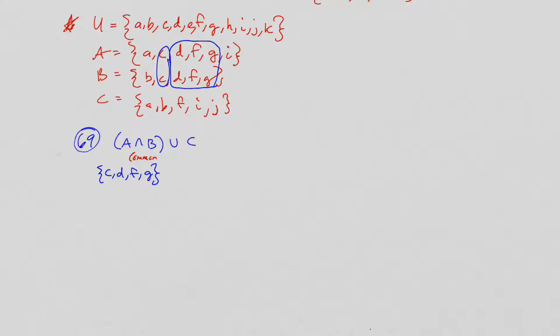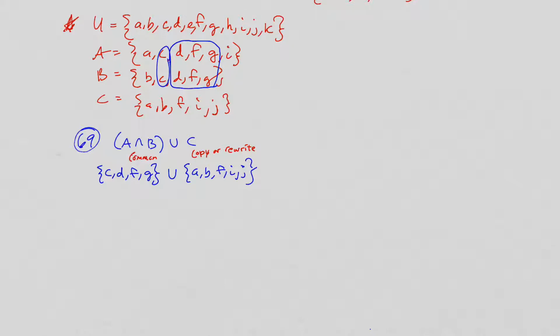Okay. Union. Now, there's no operation here for the right side. It's just write down what set C is. Well, set C is A, B, F, I, and J. Just copying from the list. So this we just rewrite.